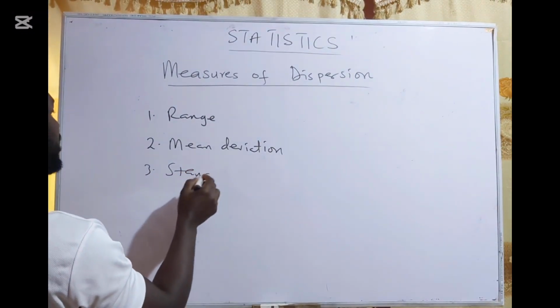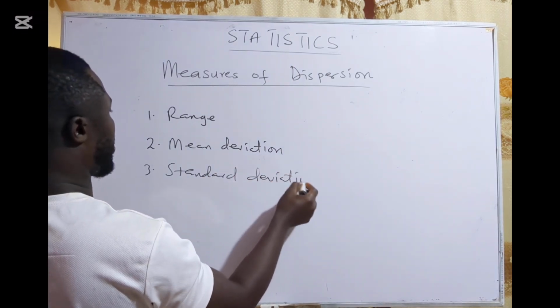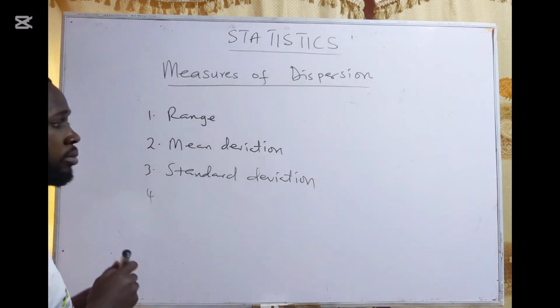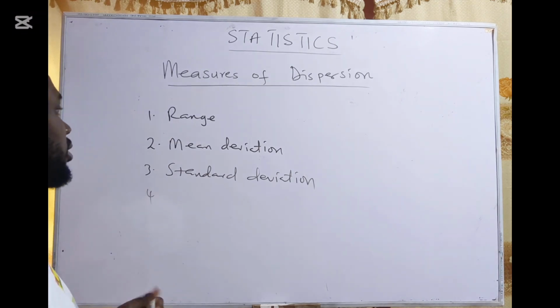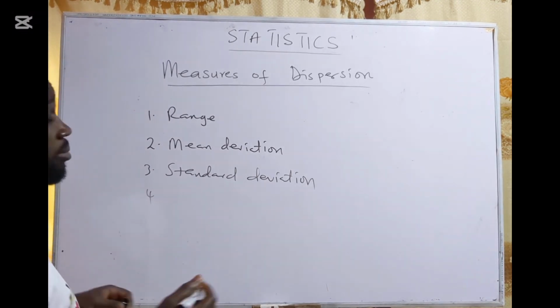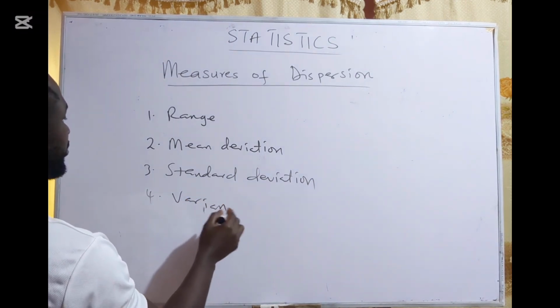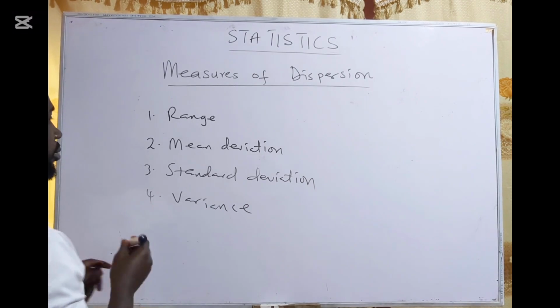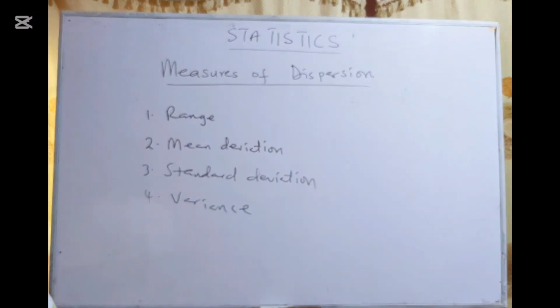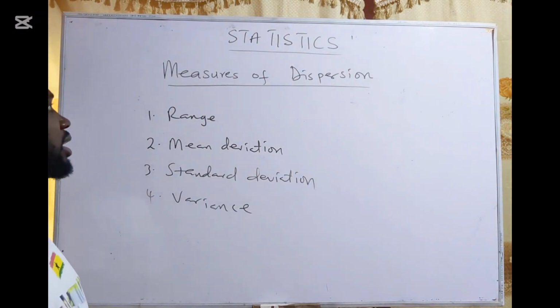We look at the standard deviation, to see how close or far away the data is from the mean. And then the variance, which is the square of the standard deviation. So that is what we look at under the measures of dispersion. Let's look at the range.